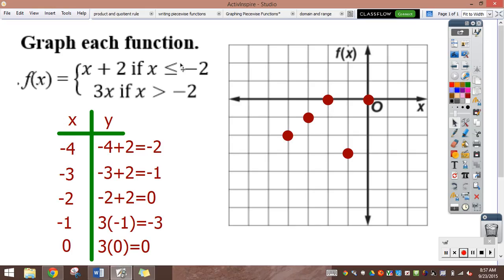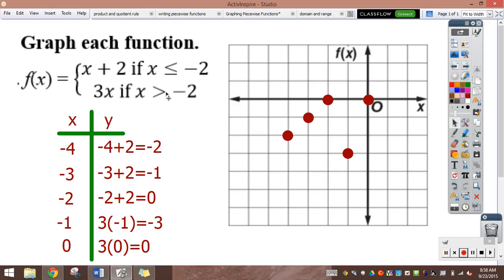If I plug negative 2 into the top, I get 0, and it's equal to negative 2. So that's why I have a closed circle at that point, negative 2, 0. But if I plug negative 2 into this bottom, I get negative 6, which is down here, and it's not equal to negative 2.